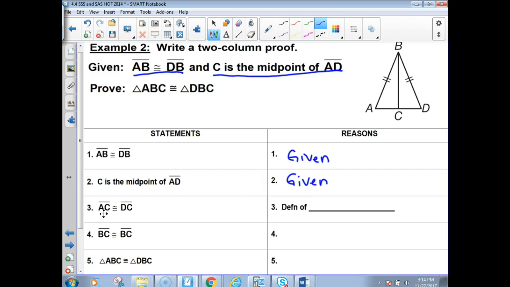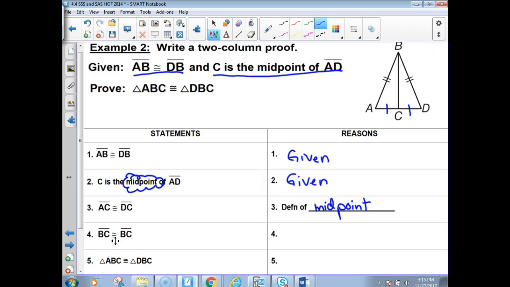All right, so that's why it says AC is congruent to DC. So I'm going to put a single slash on those two. I want to mark my picture. Why is that true? Well, what did we just say here? That C is the midpoint. So that's the definition of a midpoint. Definition of midpoint is why you can say AC is congruent to DC.